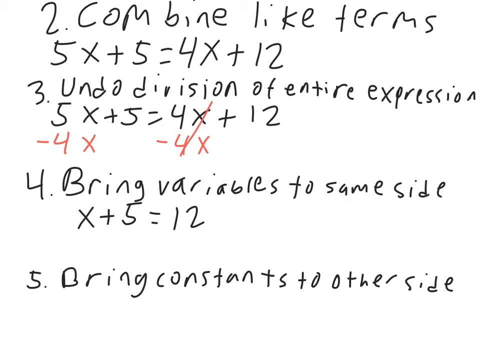So the plus 5, we want to do the opposite and subtract 5 from both sides of the equal sign. So then that leaves us with x. The 5's cancel here. So then we have equals, and 12 minus 5 is 7.